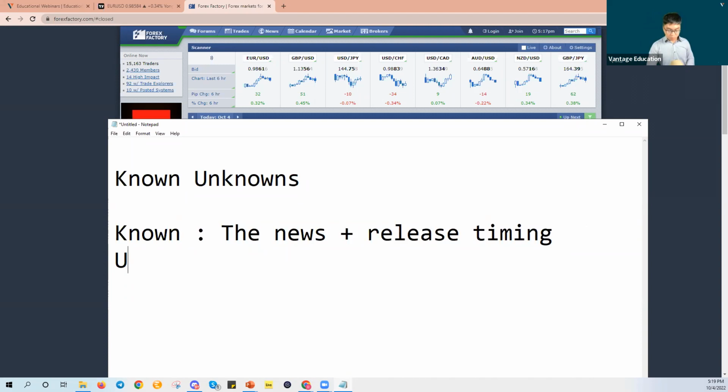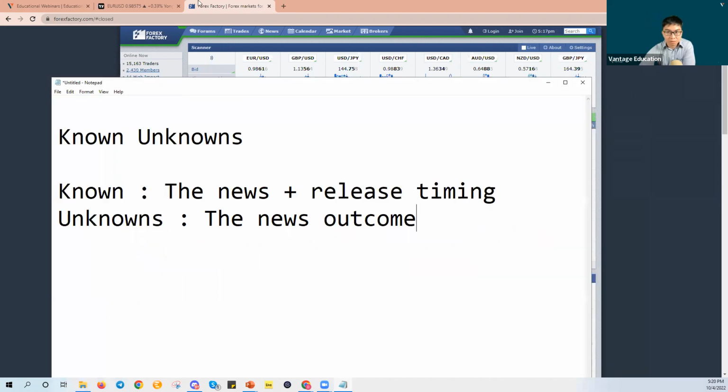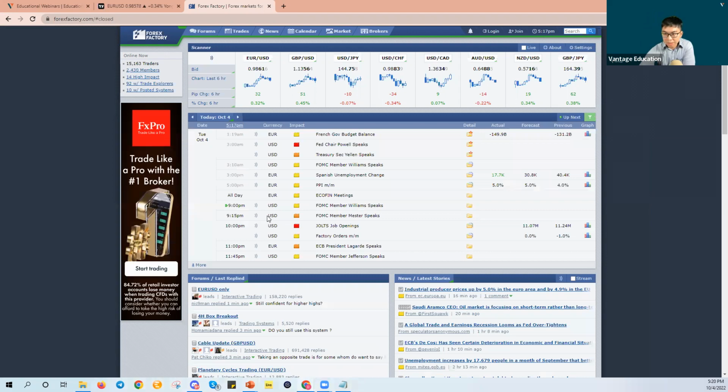But what are the unknowns? The news outcome. We cannot predict and we do not know the news outcome. So I can say that it's like gambling. Let's say I already had a trade open at 9 p.m., but 10 p.m. had some kind of red news, orange news, and 11 p.m. there is ECB President Lagarde speaks.